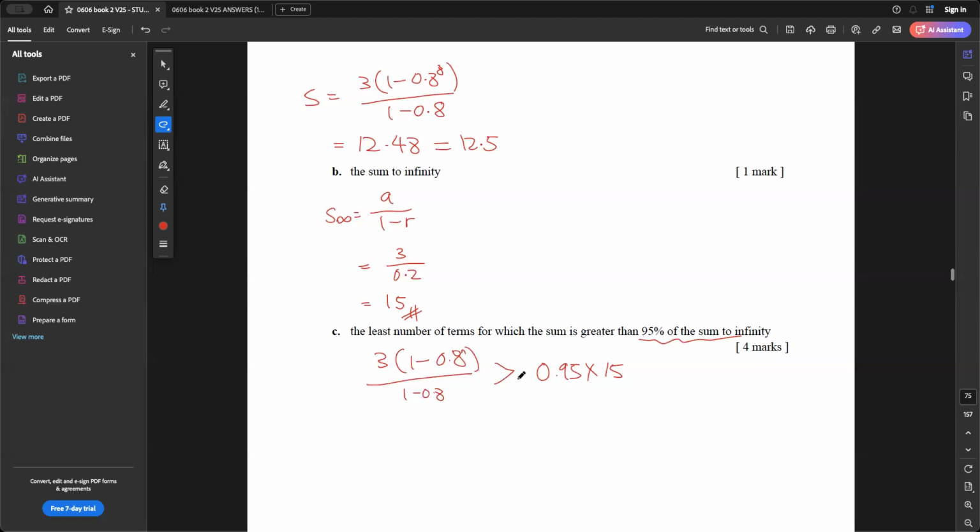Can I get the numbers here first? 0.95 times 15 times 0.2 divided by 3 is how much first? 14.8 times the 0.2 divided by 3 also. So I bring this and this over, times 0.2 divided by 3 will give me 0.95.